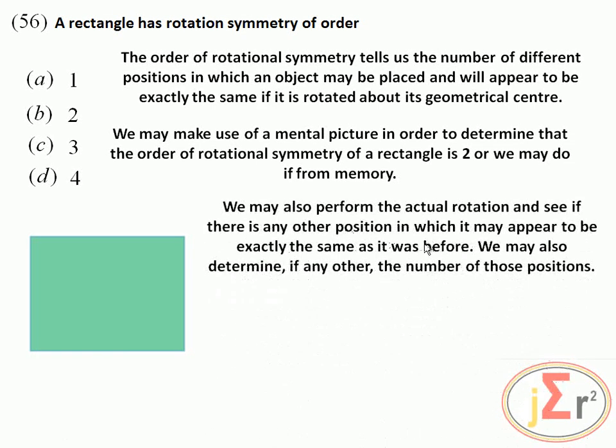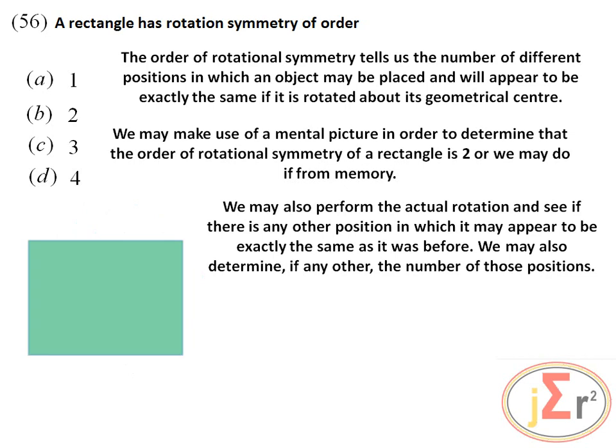We may also perform the actual rotation and see if there is any other position in which it may appear to be exactly the same as it was before. We may also determine, if any other, the number of those positions. So let us actually do the rotation. Notice that we are a quarter away around there, and now we are halfway around there.